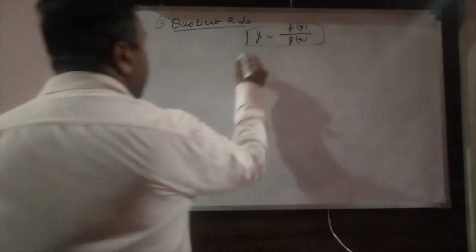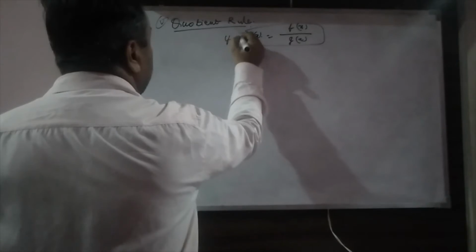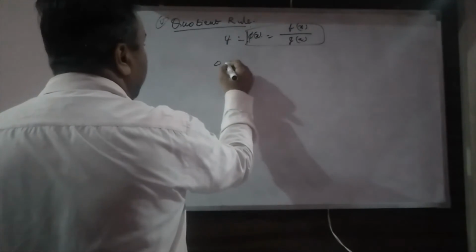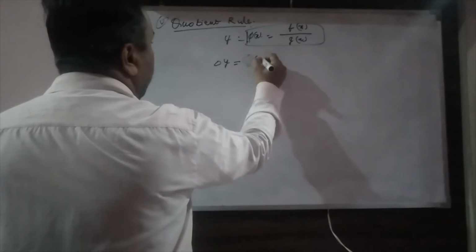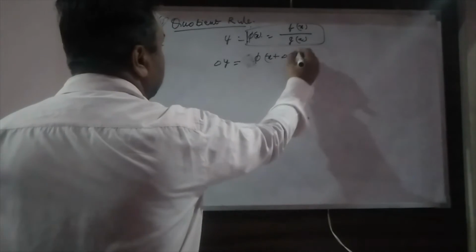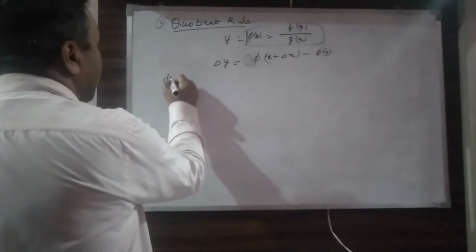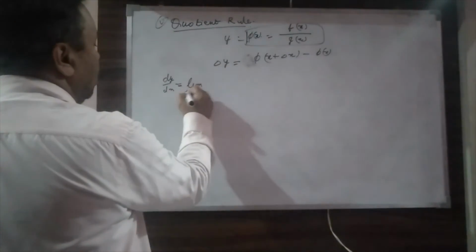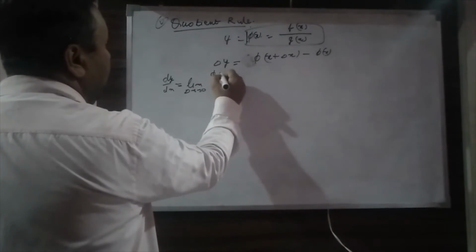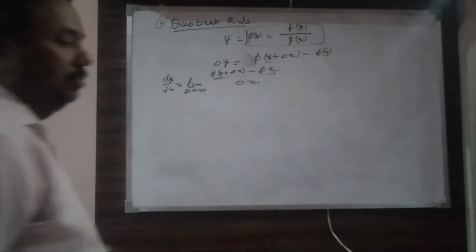I have told you that y, I will take it as phi(x), so delta y will be equal to phi(x plus delta x) minus phi(x). So dy by dx will be equal to limit delta x tending towards 0, phi(x plus delta x) minus phi(x) divided by delta x.